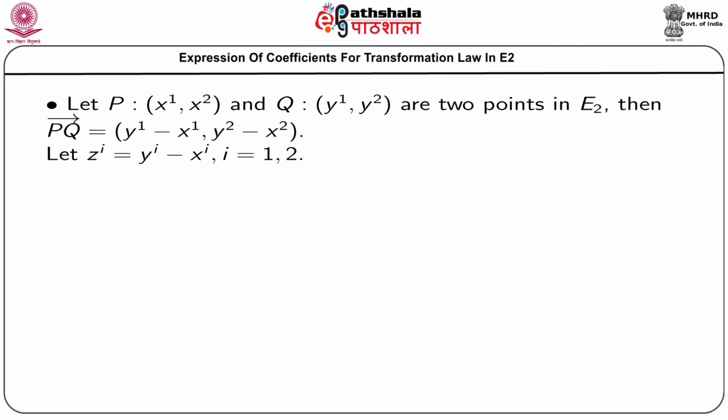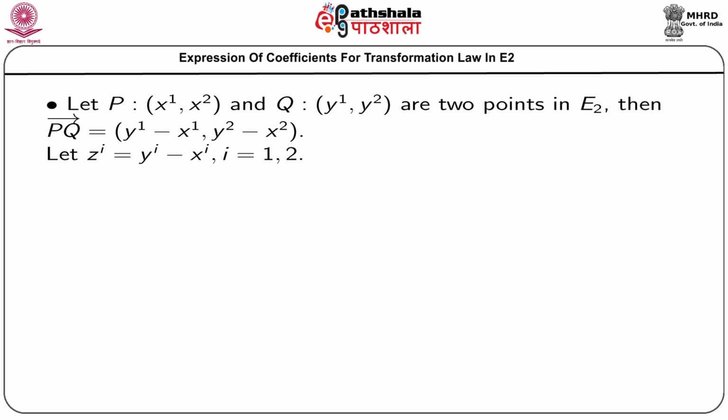In the last section, we have seen the transformation rules for covariant and contravariant vectors. In these expressions, we have seen that a_ij and P_ik are the transformation matrices. In this section, we shall see that with some transformations, these matrices become partial derivatives. We shall see the expression of the coefficients of transformation laws in E2 and how it is coming to partial derivatives.